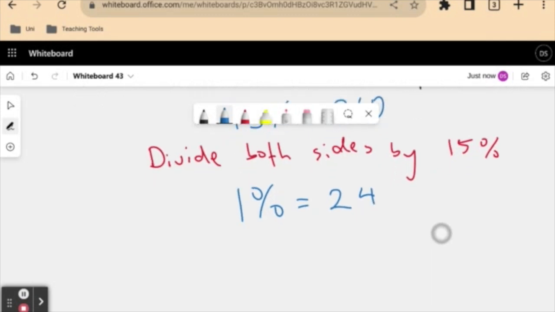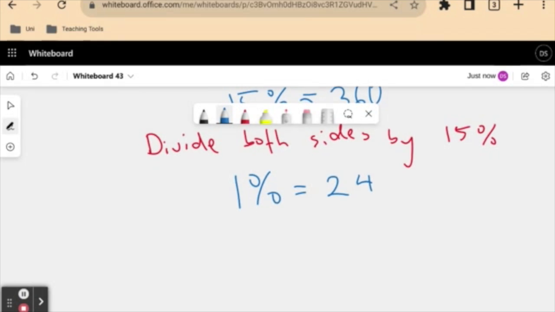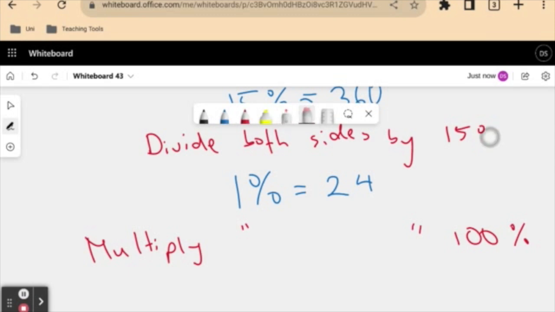And now that I have what 1% is, I can get this to 100% by multiplying both sides by 100. Actually, just as a technicality, I shouldn't have percentages here.